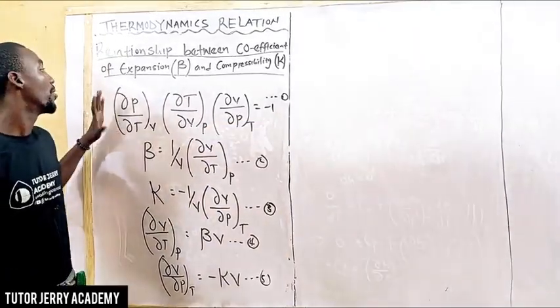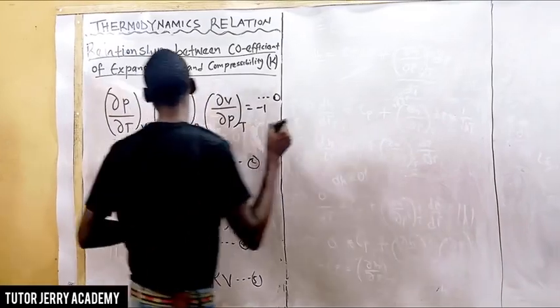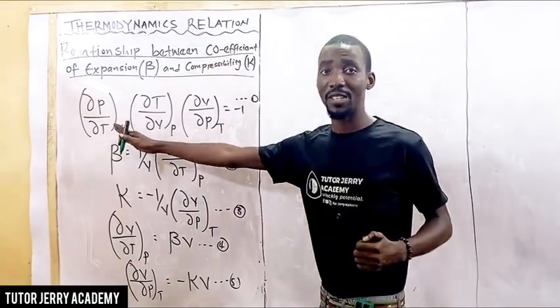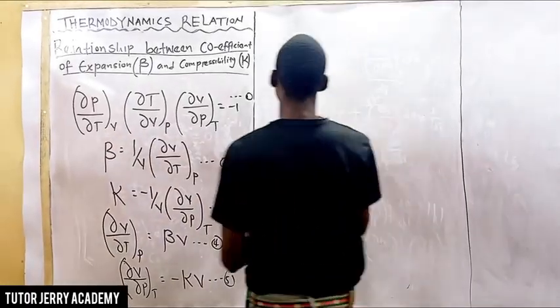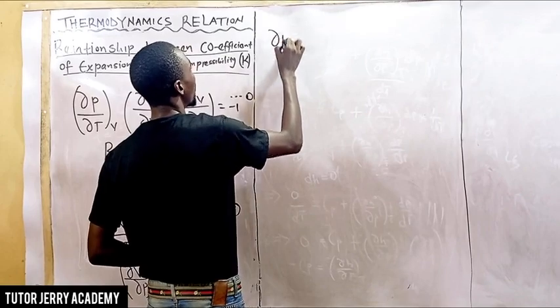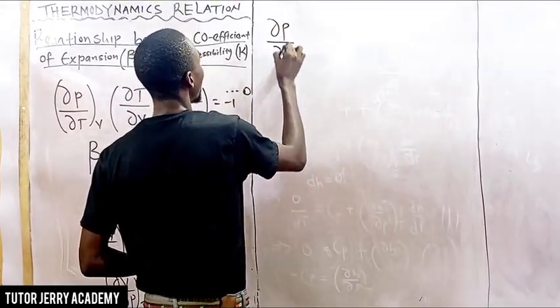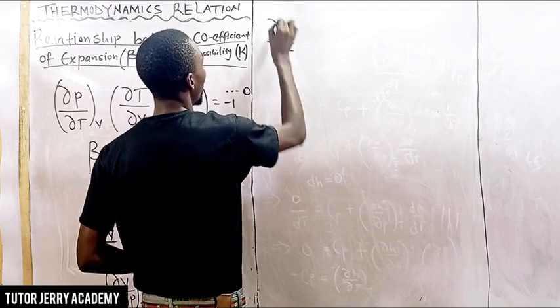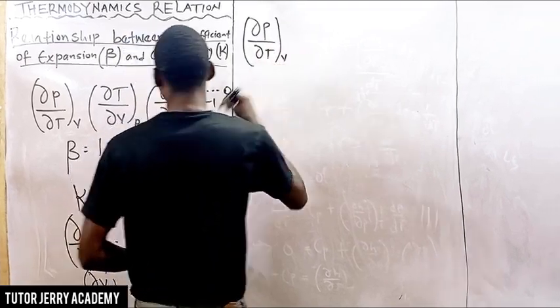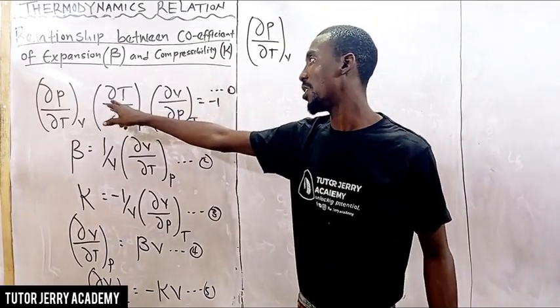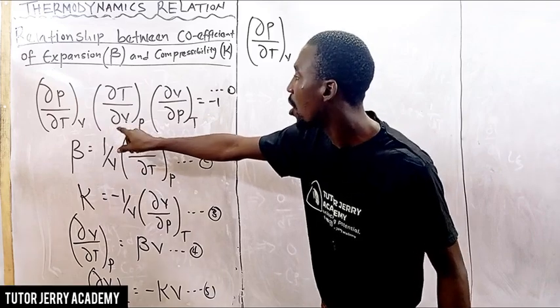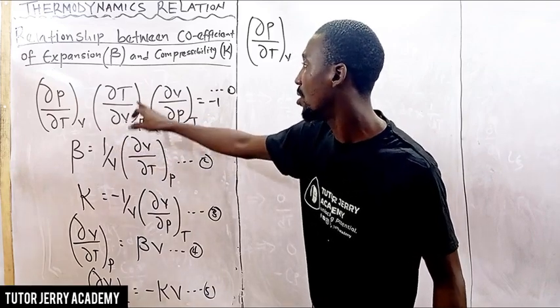All right, because from equation 1, we have the partial derivative of P over the partial derivative of T, keeping V constant, and here we are having the partial derivative of T over the partial derivative of V, all into what?